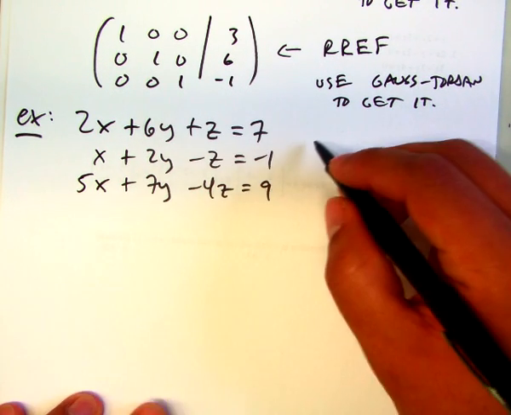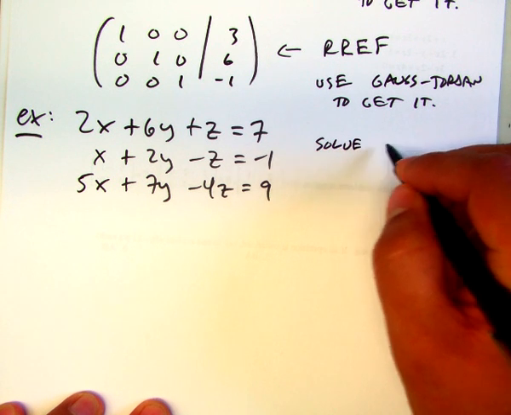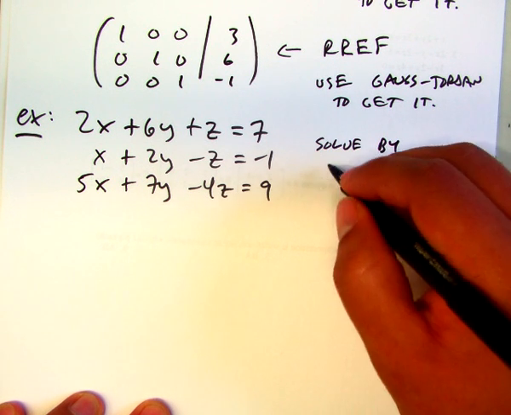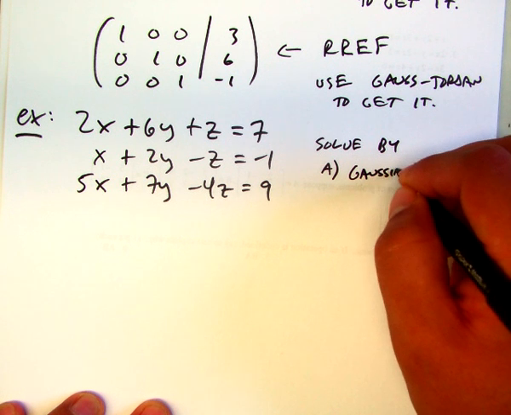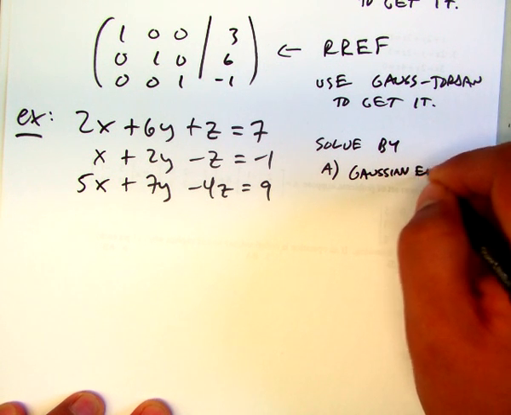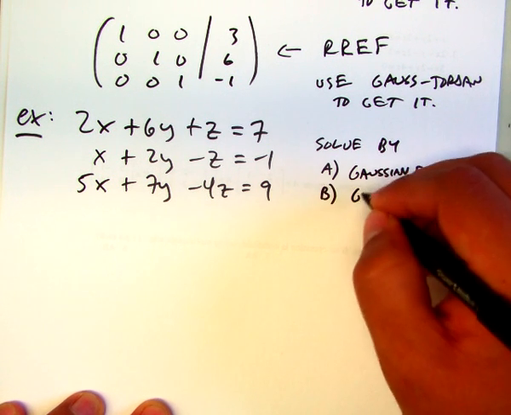And we'll solve both ways, using Gaussian elimination and using Gauss-Jordan.